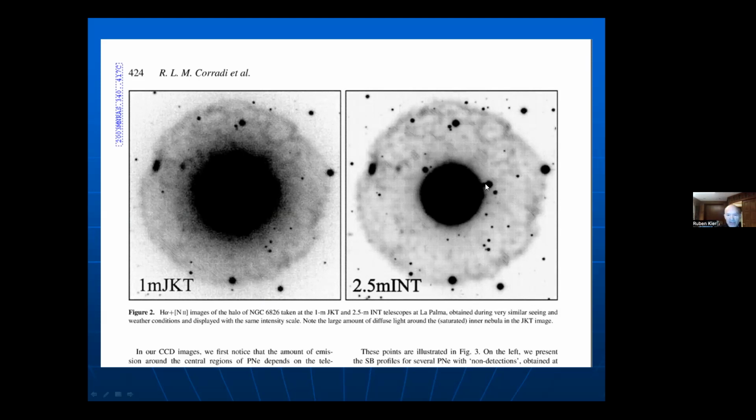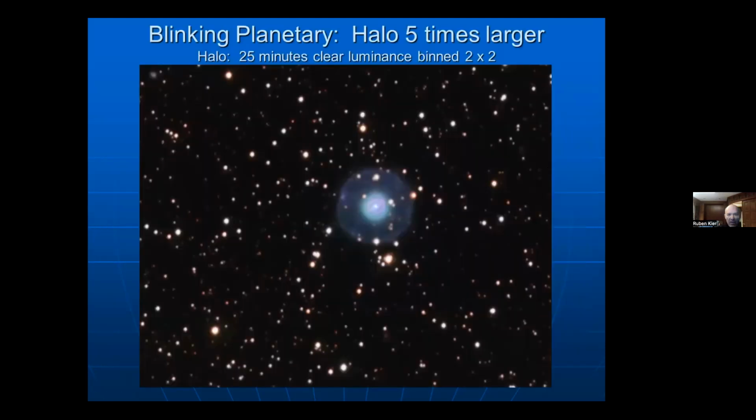So you get these stars at these locations. These are background stars through the planetary halo, and these are the same background stars through the planetary halo, and this is the Blinking Planetary, which was with a clear luminance bin 2x2.